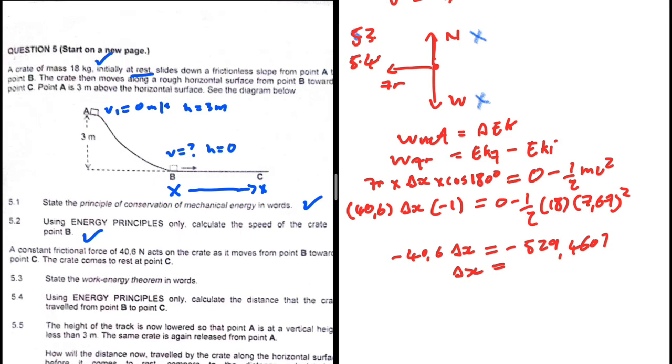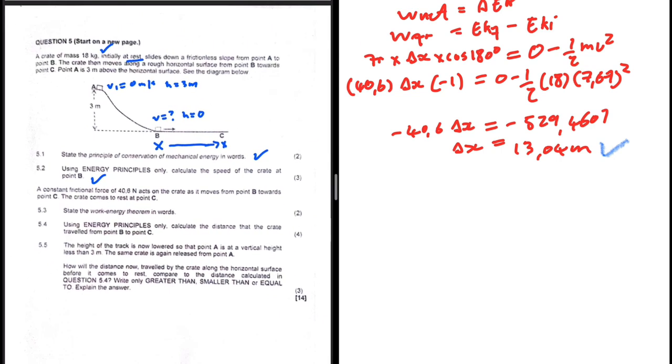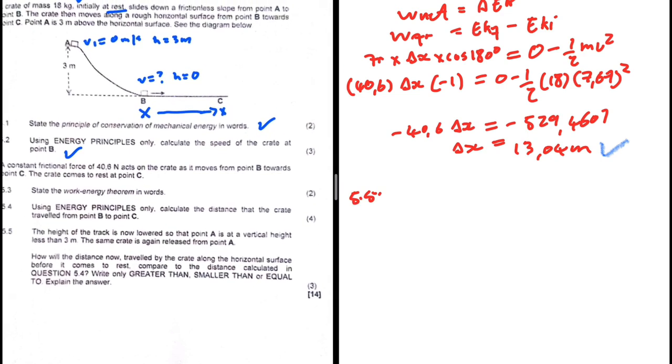I'm getting delta x being equal to 13.04 meters. So there we go. That is our delta x, 5.4. What about 5.5? Let's just make sure that we answered what we were supposed to answer in 5.4: the distance that the crate travels from point B to C.